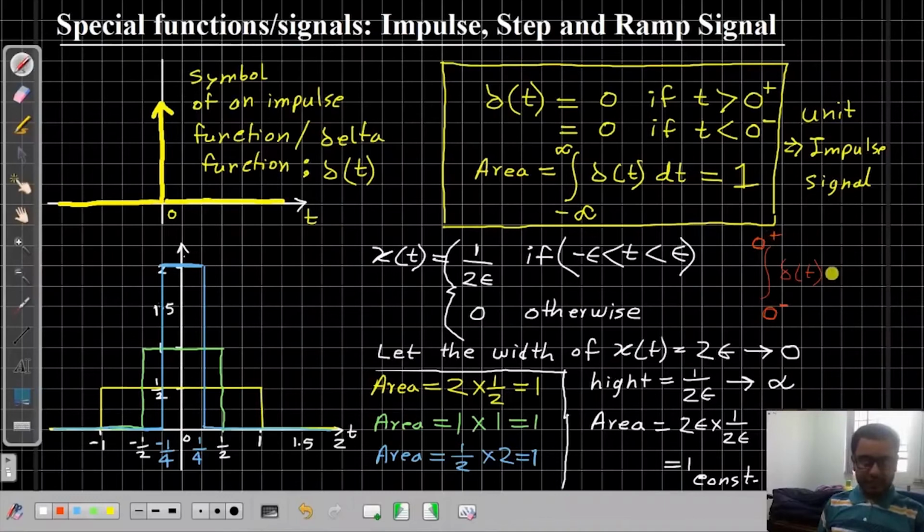Between this region, if you do the integration, that will also be equal to 1. Okay, because the entire area is squeezed within this narrow region. Outside this, the area is anyway 0. This side area is again 0. So within this narrow region, the area is 1, and therefore the total area, which is this integration, that is also 1.